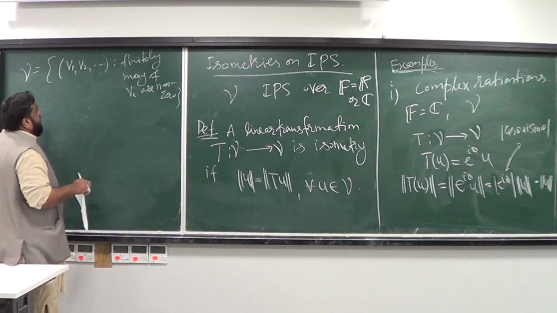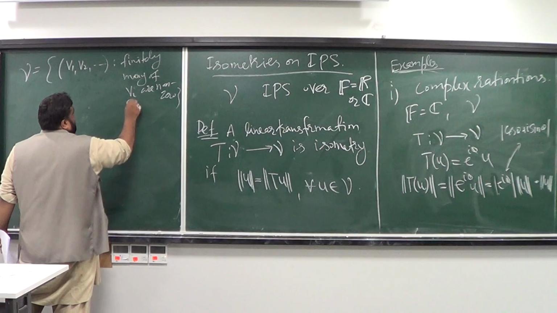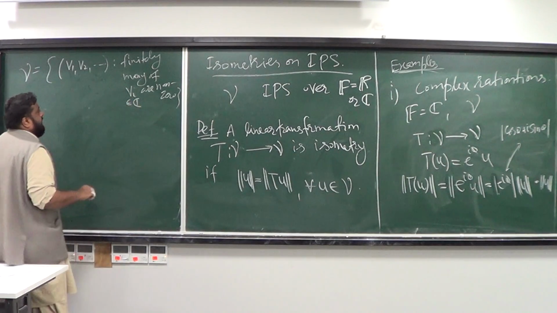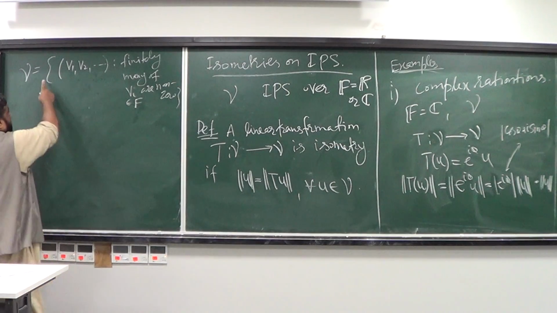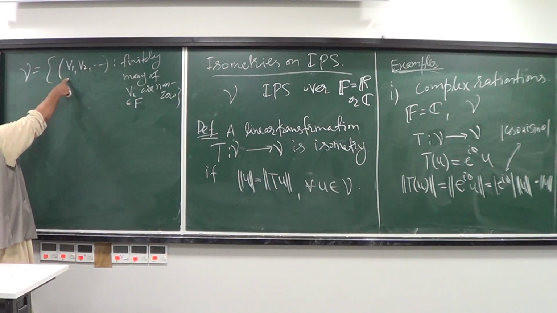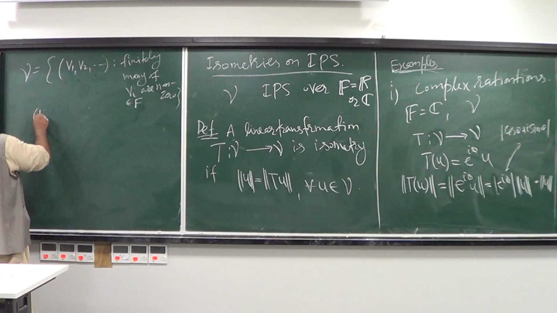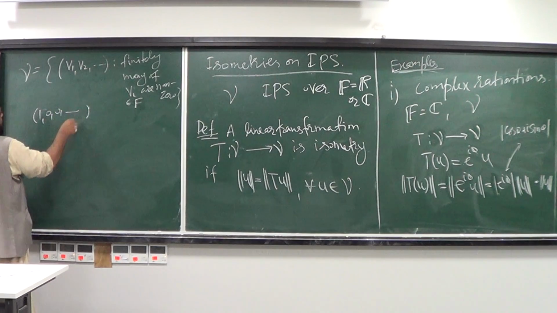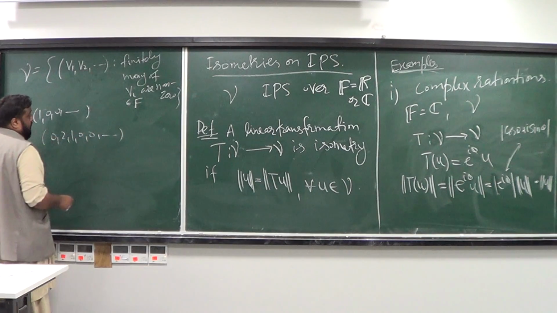The finite components can be anywhere, and obviously these vi's are taken as elements from the field actually. So for example, one of the examples in this space is going to be 1 0 0 0 0, or you can have 0 2 1 0 0 0, and so on and so forth actually.